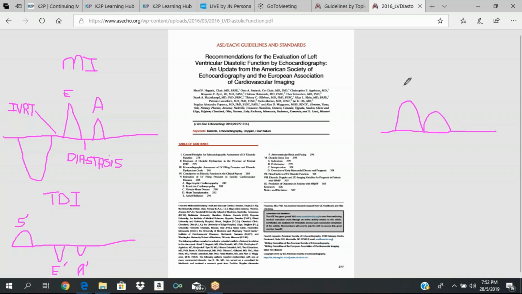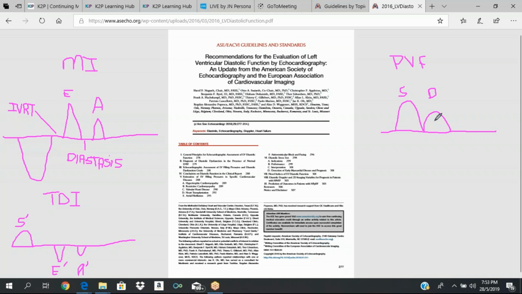So you get a systolic component and you get a diastolic component. Okay? And this is your pulmonary vein flow. So this is what a normal pulmonary vein flow looks like. Systolic component a little bit larger than the diastolic component.